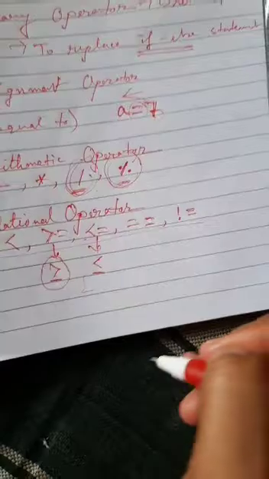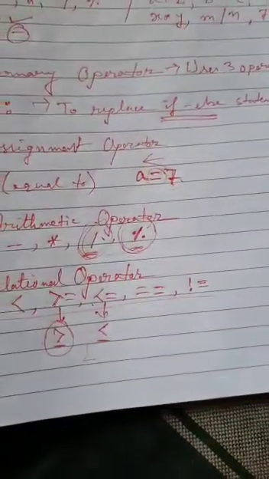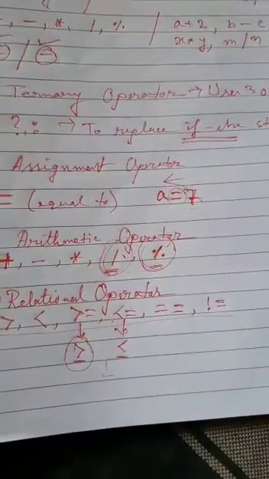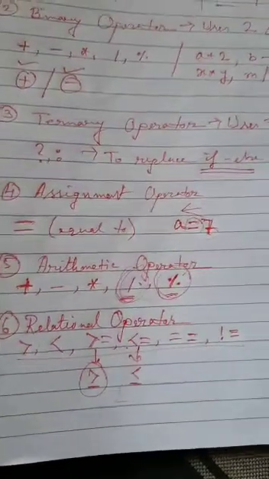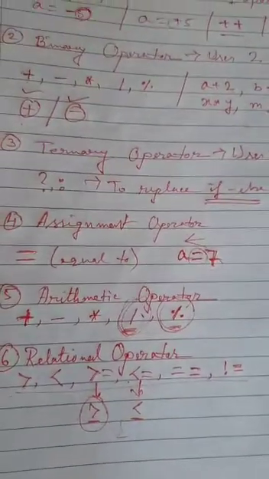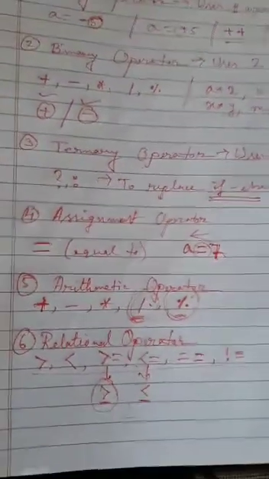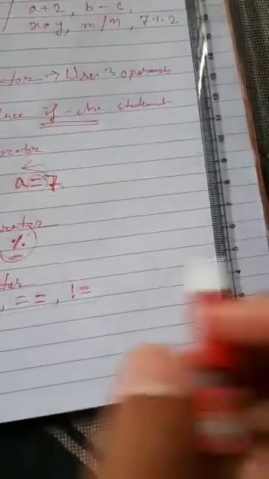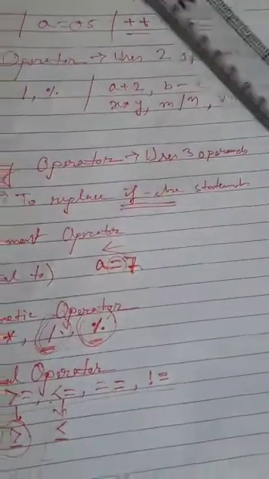But double equal to is very important. What is the use of double equal to? Double equal to is a relational operator which is used to check the equality of two values. So what is the difference between single equal to and double equal to? Very interesting.